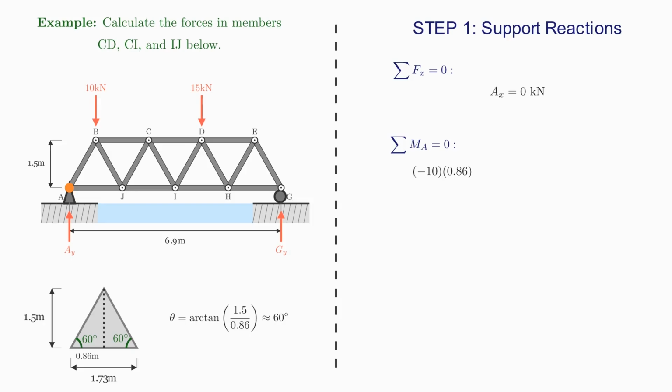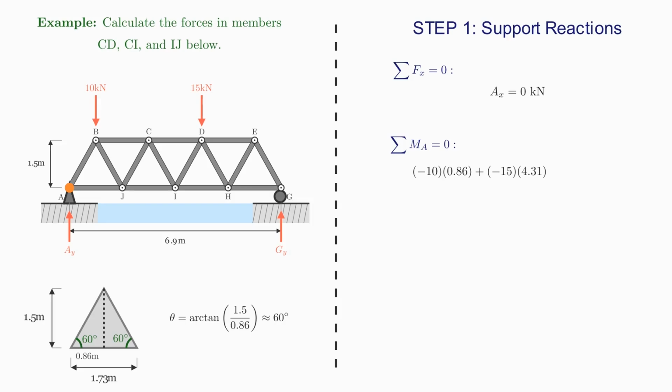from A. Next, I add on the 15 kilonewtons. Again, this would turn the truss in a clockwise direction if A is fixed, so it gives me negative moments. So I have minus 15 multiplied by 4.31, because this is 2.5 of those equilateral triangles, so it's 4.31 meters away from A in a horizontal direction.